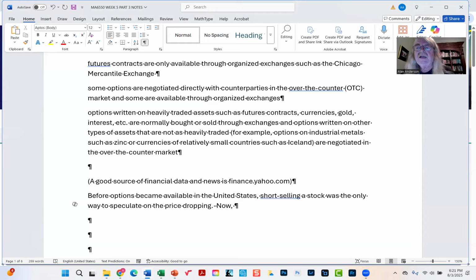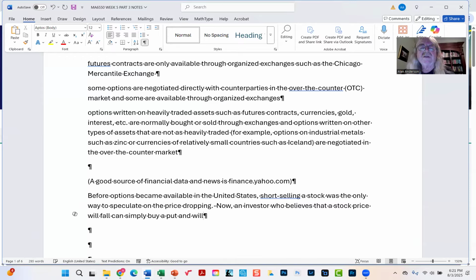Now, an investor who believes that a stock price will fall can simply buy a put and will profit if the stock actually falls.